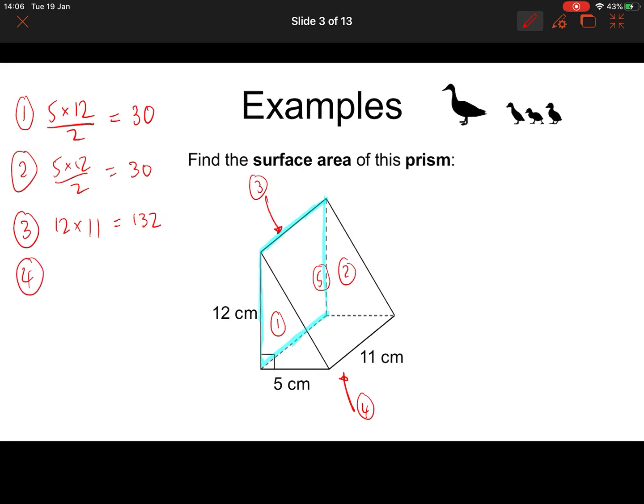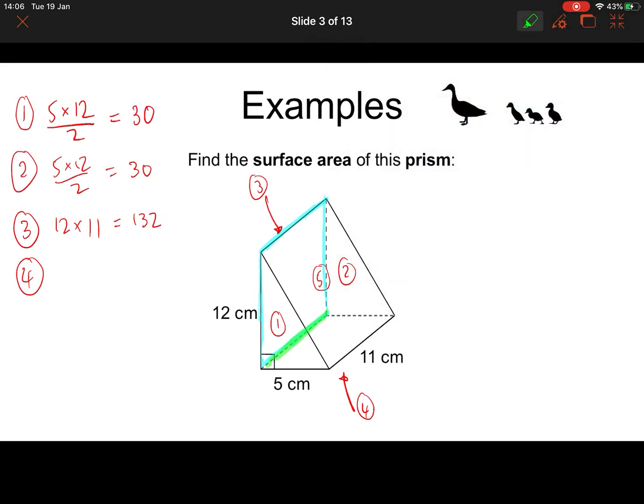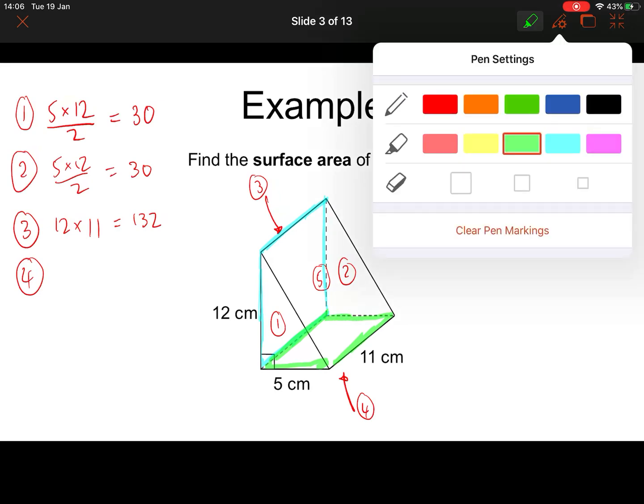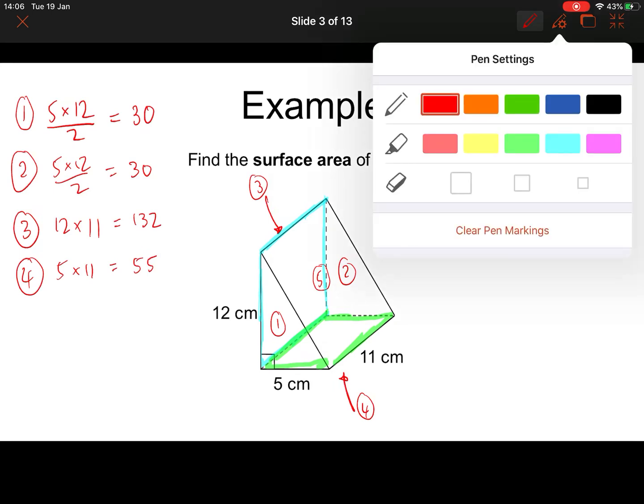Notice I don't need to bother with units until the end. Now, rectangle 4, that's this rectangle here that I'm doing in green, has a base of 5 and a height of 11, or the other way around, doesn't really matter. So 5 times 11 is equal to 55.